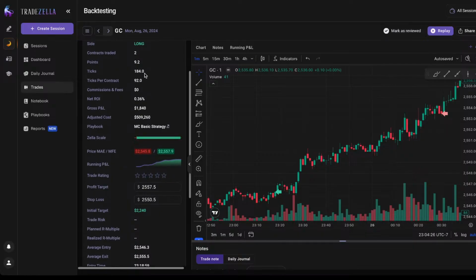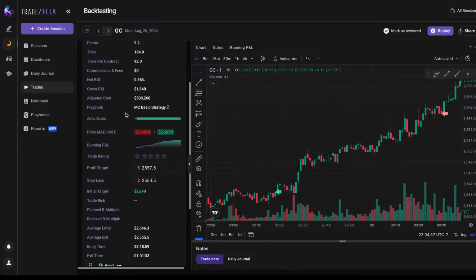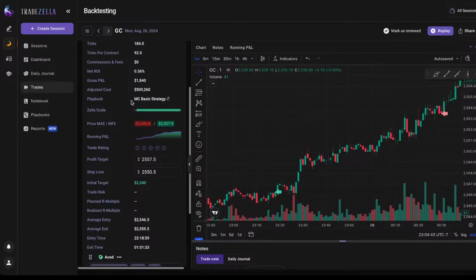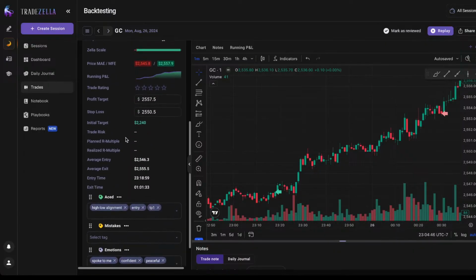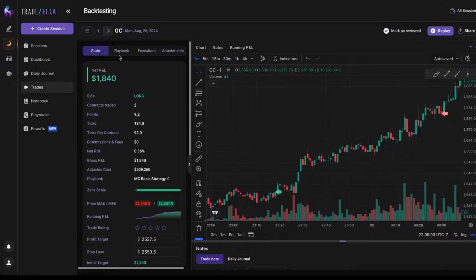We caught 184 ticks, folks. $500,000 trade. We got in at 11, got out at 1. It's like a 3-hour trade. Okay. Ace the playbook.